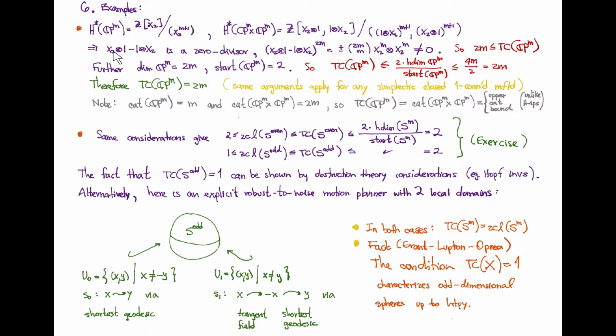And one notices that this difference would be a zero divisor. Namely, if I multiply x2 times 1 is x2, and then I would be subtracting the same thing. That goes to 0 on the diagonal. So that's a zero divisor. And the 2m power of that element is non-zero, essentially because of the heights.